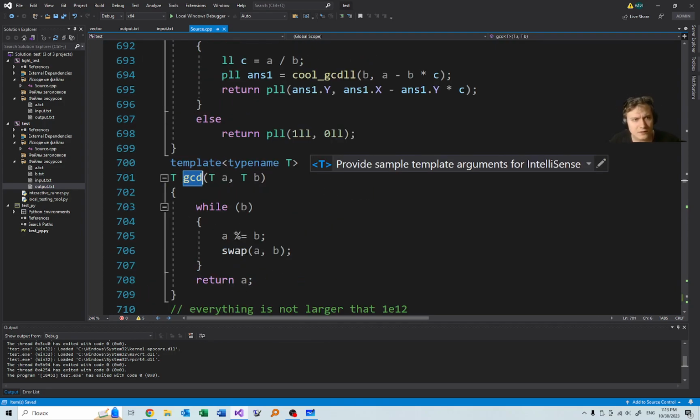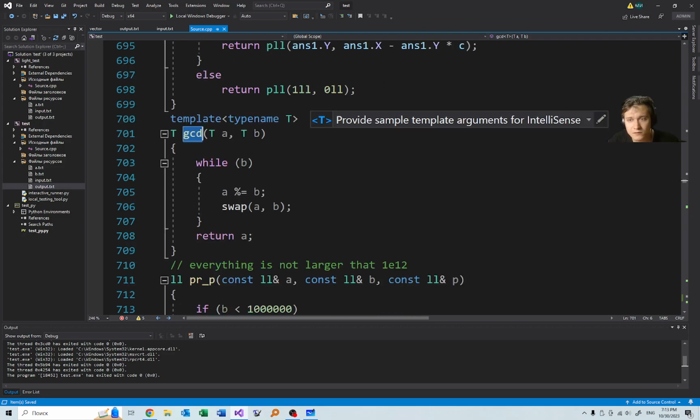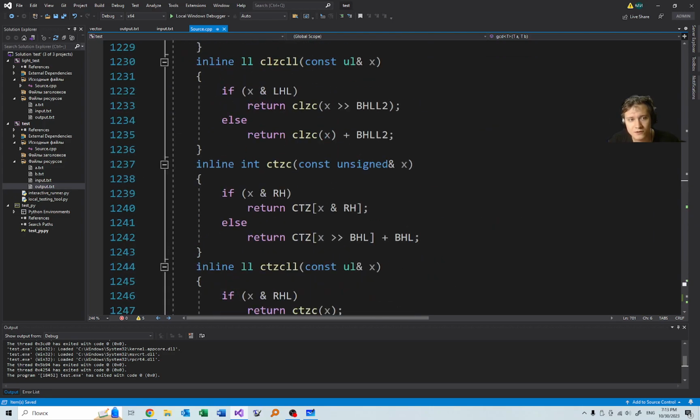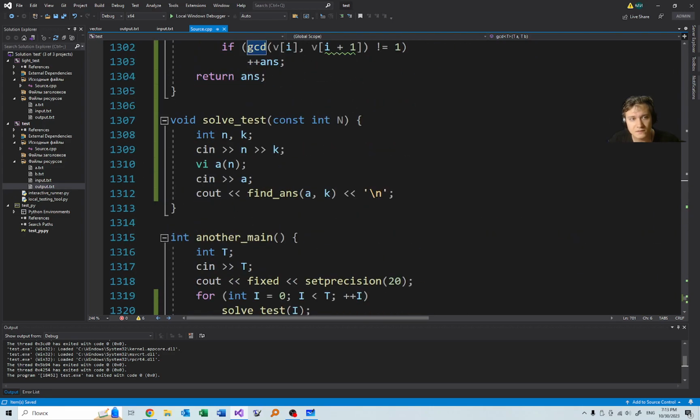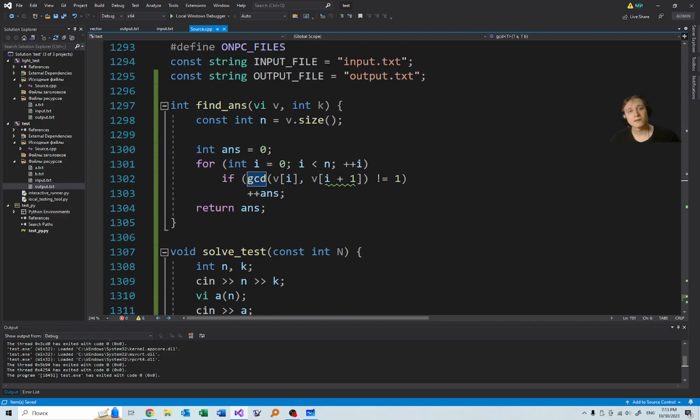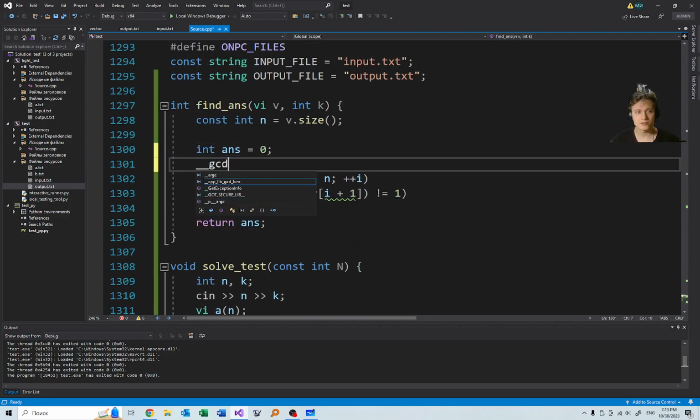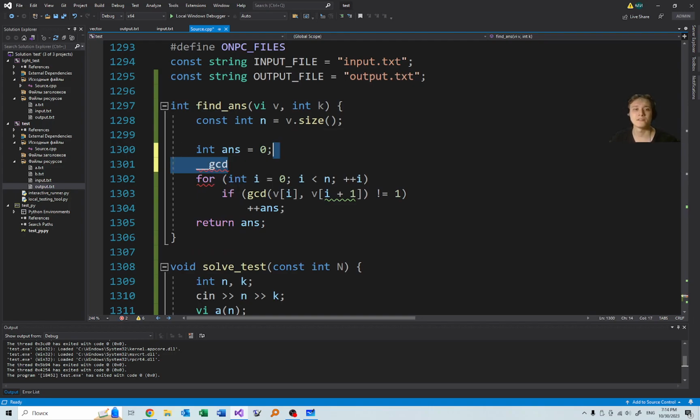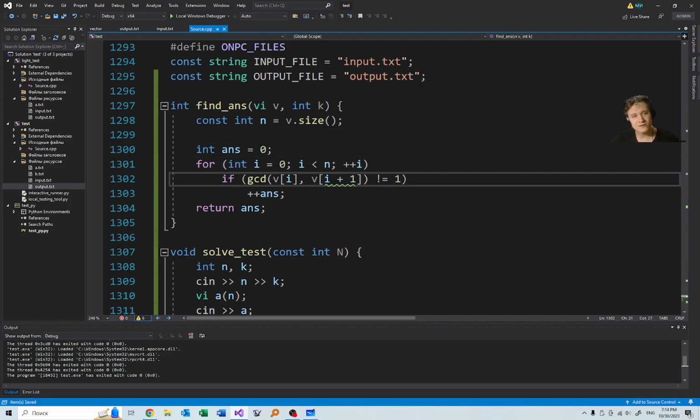Is it a correct function? Yes, this is a correct function. Some people use another function, but it is not correct because on zeros it will fail. My function does not fail on zeros.